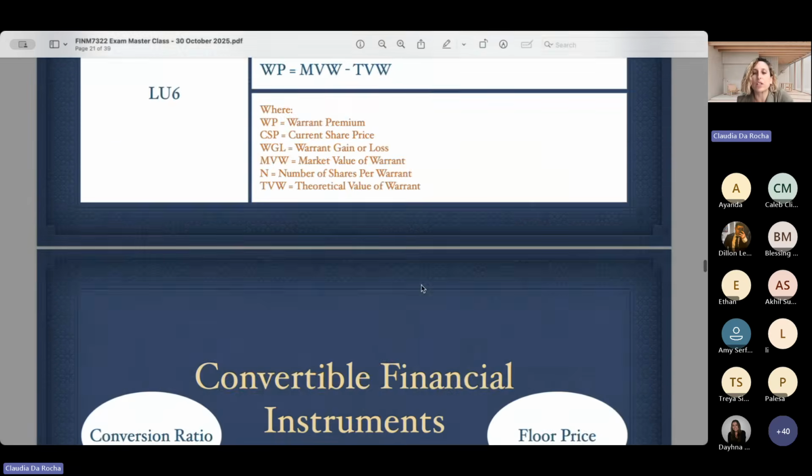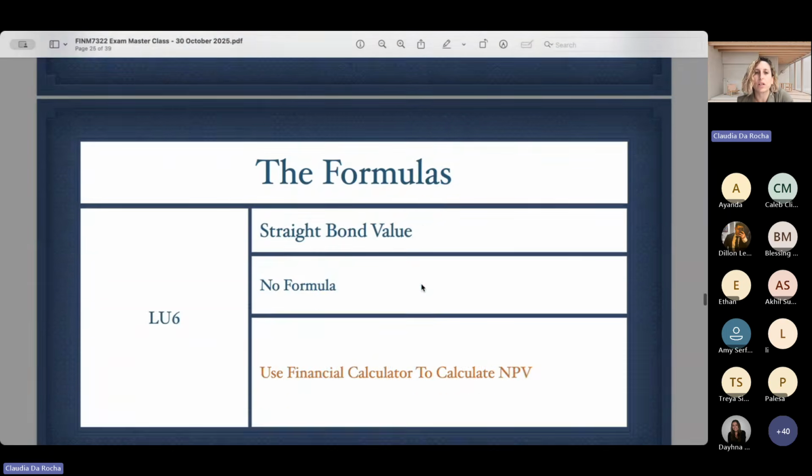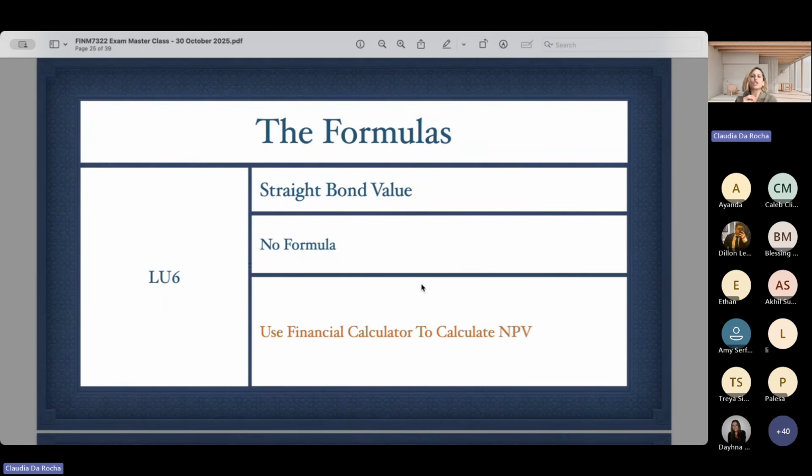So if we're going into our convertible instruments, our straight value of the bond, okay, we calculate it using our financial calculator. We do a net present value, okay, from cash flow 0 all the way to the last cash flow. Cash flow 0 is always 0. Cash flow 1 to the cash flow before the last year is the interest amount. When I say interest, it's the coupon amount.